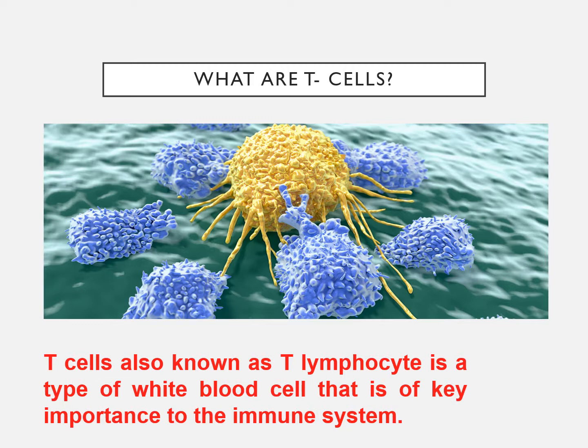So how do we use T cells in immunotherapy? Two major ways. Firstly, they rechannel T cells to recognize and eliminate tumors using chimeric antigen receptors, otherwise known as CARs. The second way is engineering T cell receptors, TCRs, that recognize tumor-specific antigen.